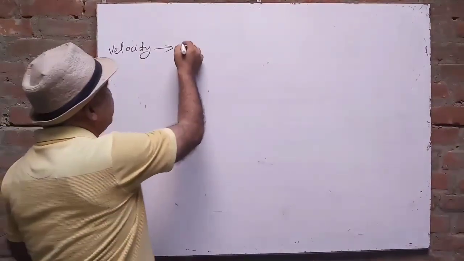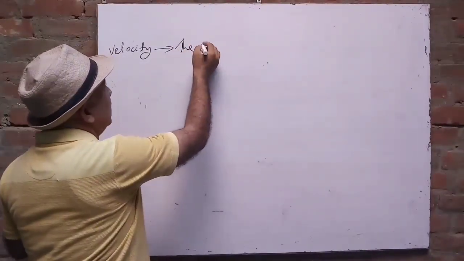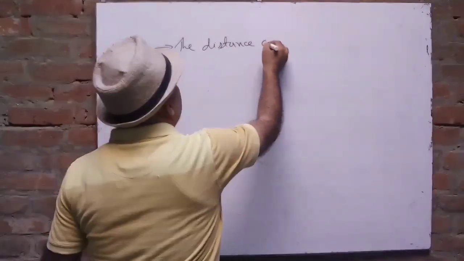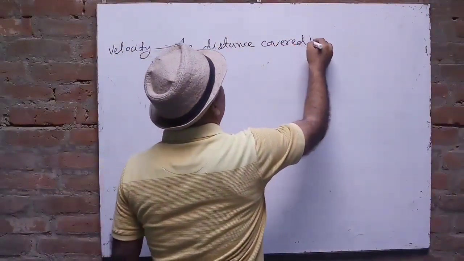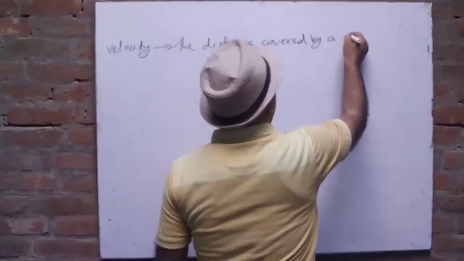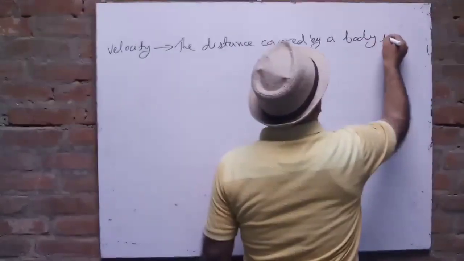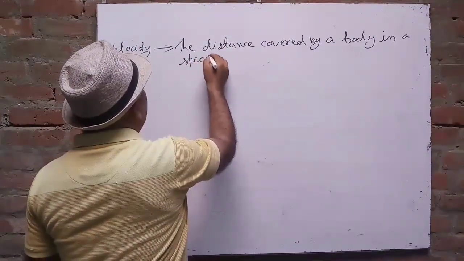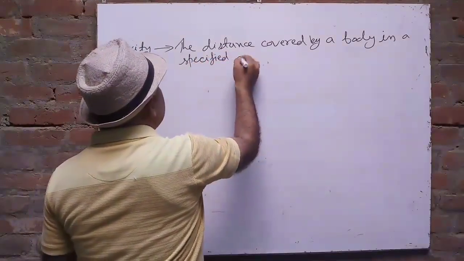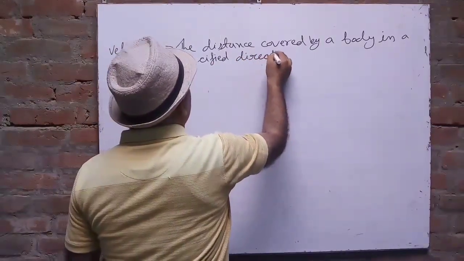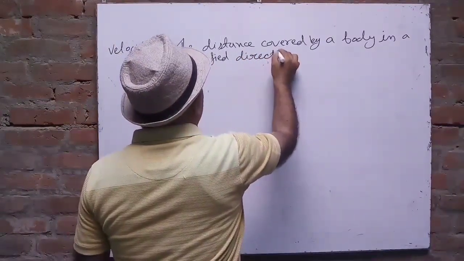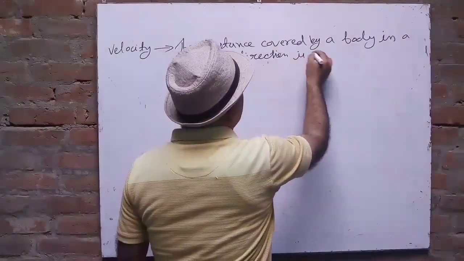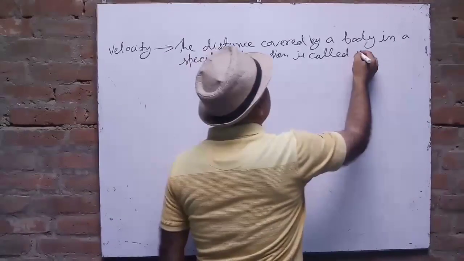Otherwise you can say that the distance covered by a body in a specified direction is called its velocity.